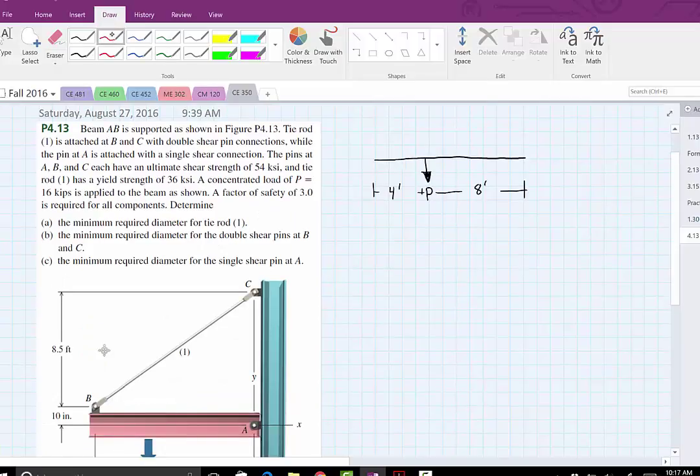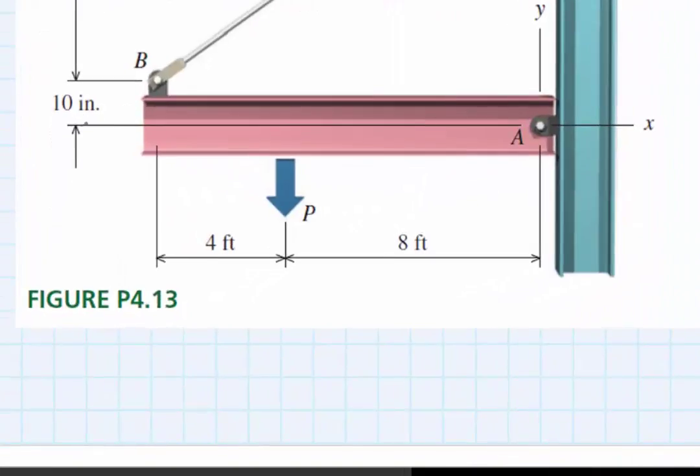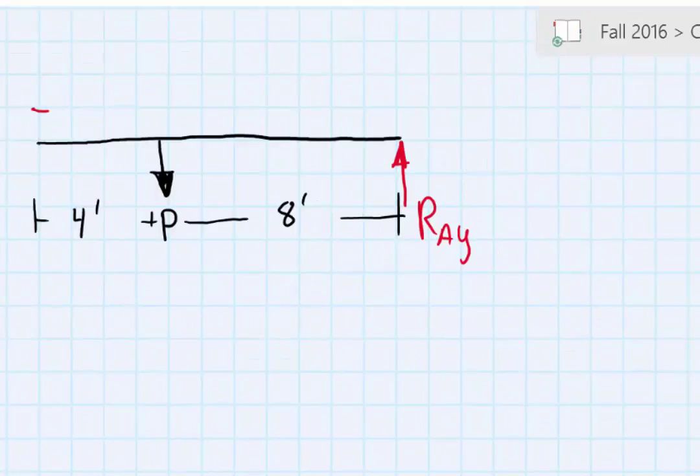We also have reactions. I'm going to say reaction AY, and then I want to mention also that if you look at this B, right here, it's 10 inches above the center line, 10 inches above point A. So we'll just mark here as 10 inches.